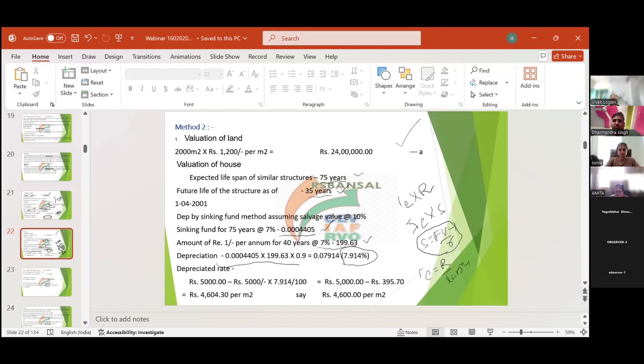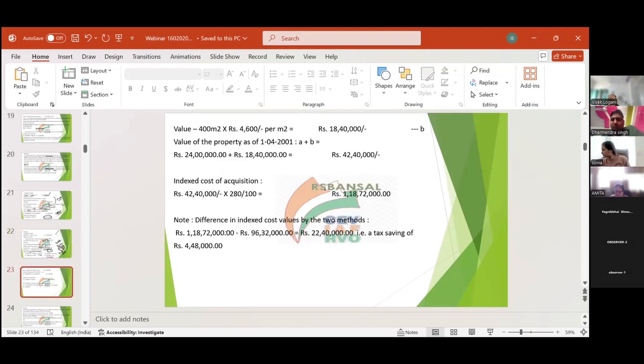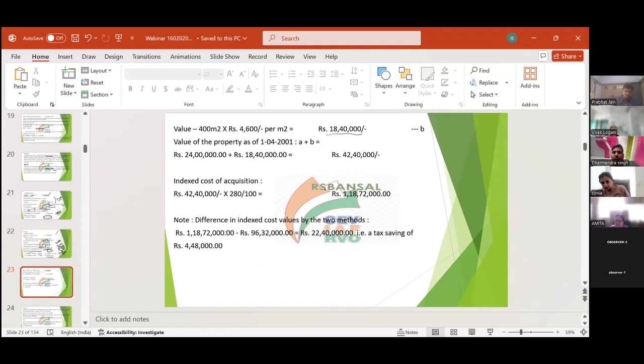So the depreciated value, 7% of 5,000, is subtracted. So the value per unit comes out to be 4,600 per square meter, and the value of the building comes out to be 18,40,000, and the total value comes out to be 42,40,000, the value of the property, and the indexed cost comes out to be 1,18,72,000.